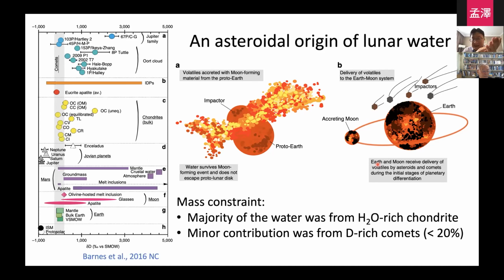That means the moon received the delivery of these volatiles, the water, by asteroids and comets during the initial stages of planetary differentiation, that is, the initial lunar magma ocean stage. However, the origin of the lunar water is still debated.